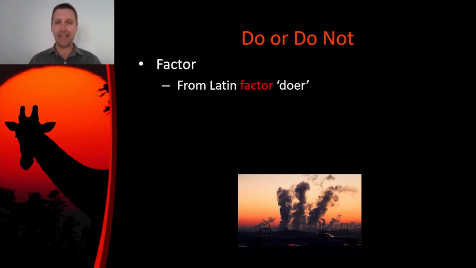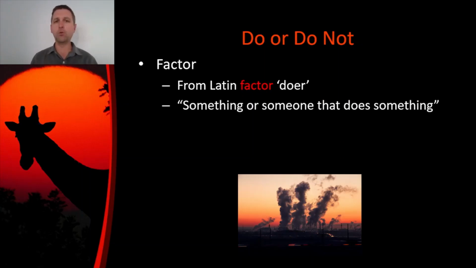An agent, actually agent comes from another word in Latin, ago, that means to do or to drive forward some kind of action. And action comes from the same root as agent as well. So a factor was a doer in different contexts. And of course, today we use this word in English to mean someone or something that does something. I know that's a very general definition because there are all different kinds of factors, but they all come down to that.